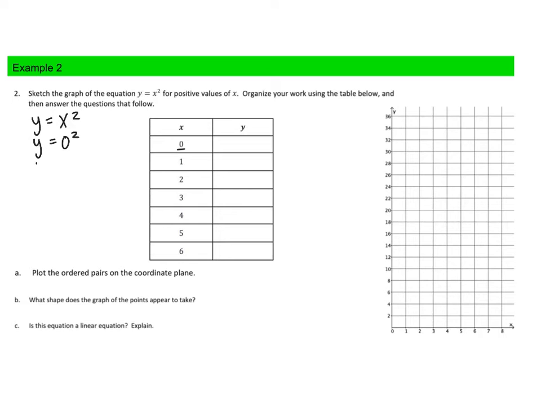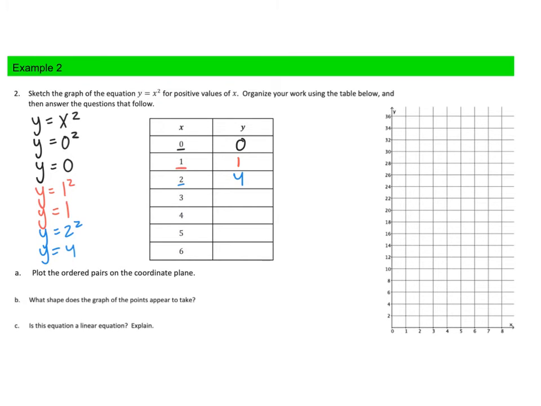Well, what's 0 times 0? 0. For the second one, y equals 1 squared. Well, 1 times 1 is 1. The next one, y equals 2 squared. Well, 2 times 2? 4.